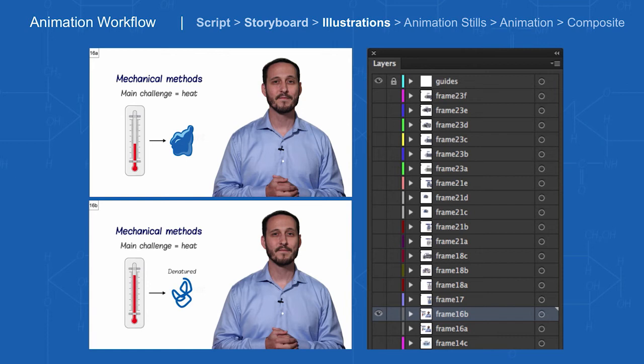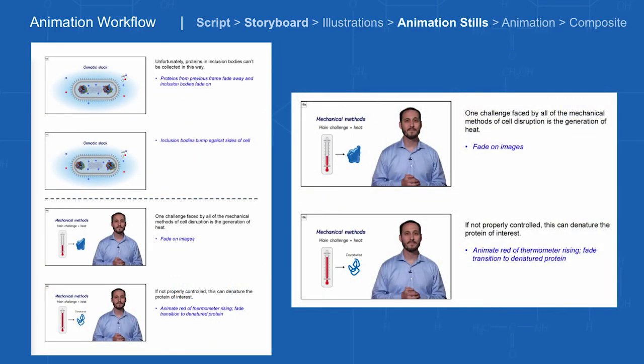And also, you can see in the top left corner of every frame, I also label them here. And that was important because from Illustrator, I would then export each frame as a JPEG and create the now infamous animation stills, which was a document that I created in PowerPoint and then exported as a PDF.